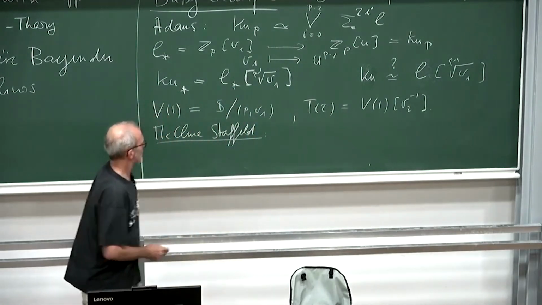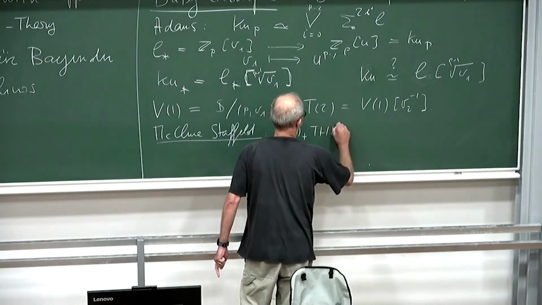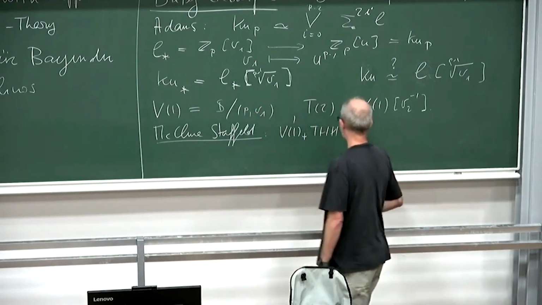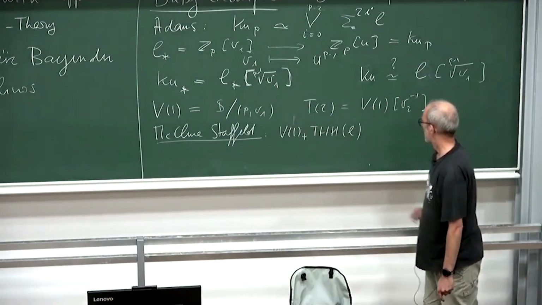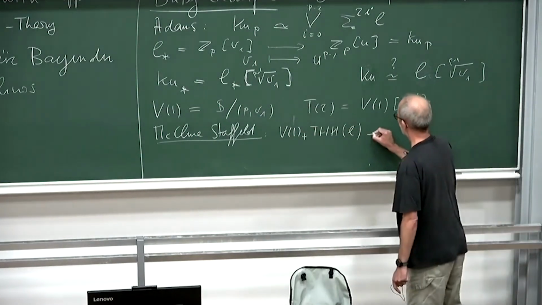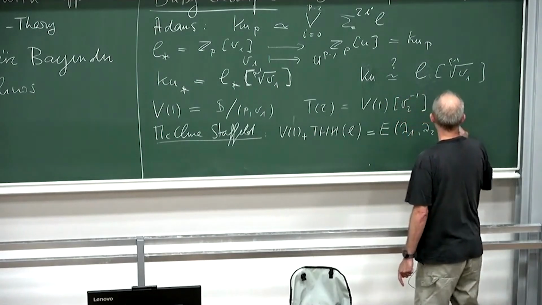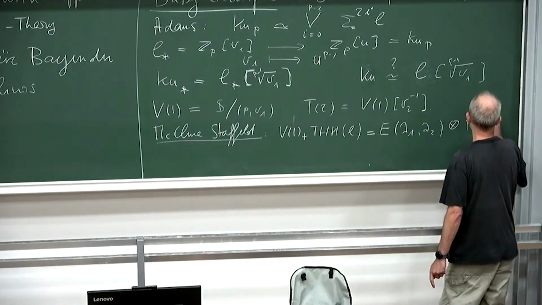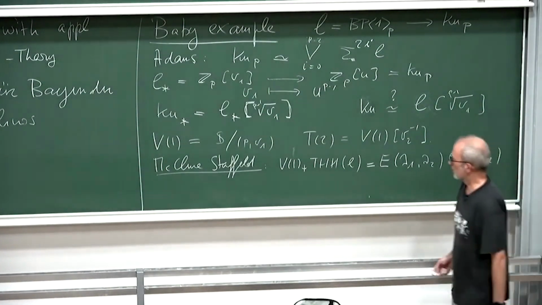They computed V(1) of THH. That was really at the very beginning of the THH story, actually. And they have a very nice answer. That's a free commutative graded algebra. And then I did the computation for KU.